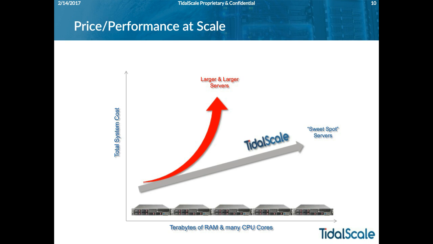You just add them to the cluster, what we call a tidal pod, and you get the amount of memory and cores you need for your problem. So you get what looks like a much more linear price performance curve when you're using TidalScale versus going out and buying a supercomputer.